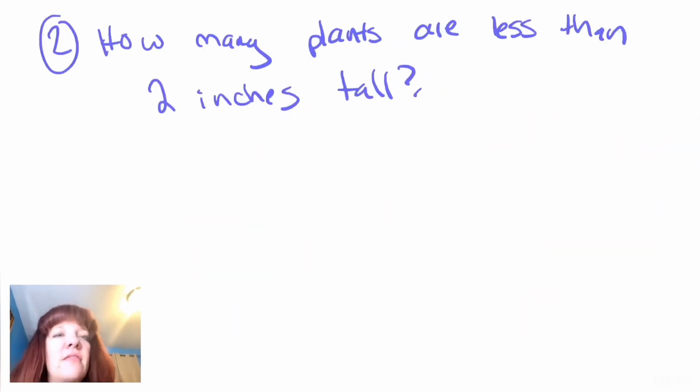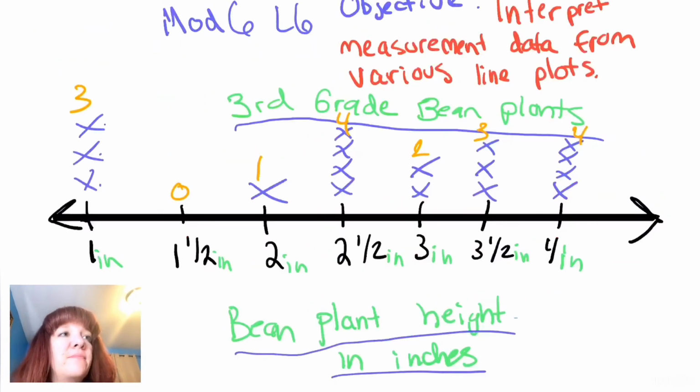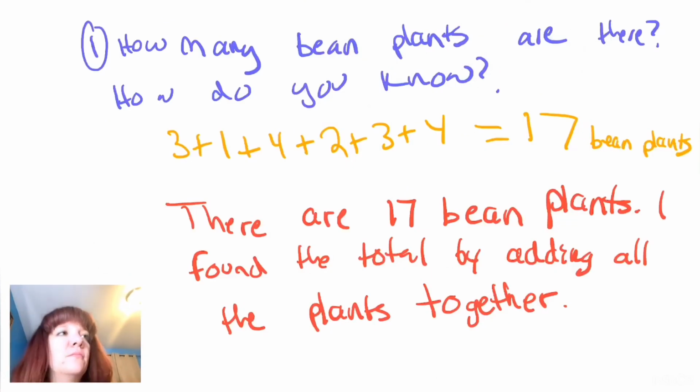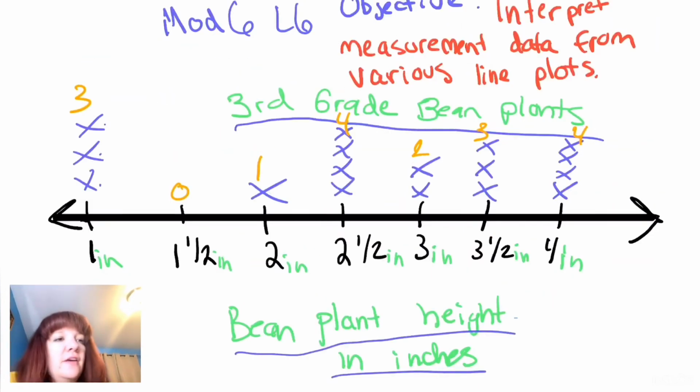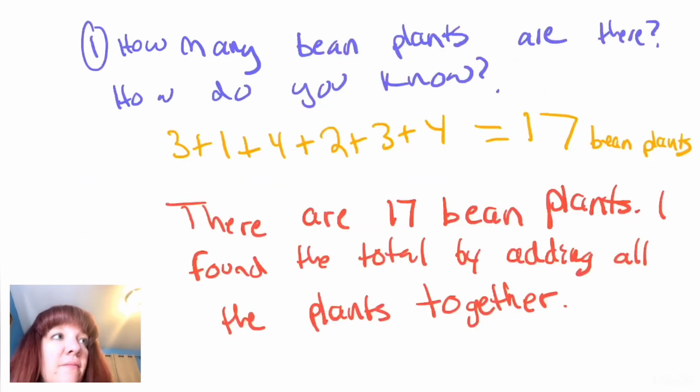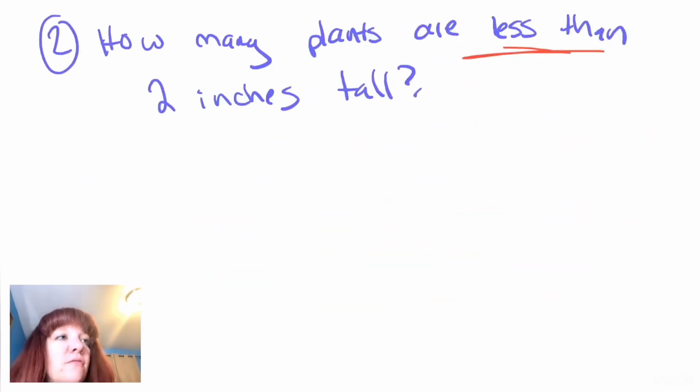Let's look at the next question. How many plants are less than 2 inches tall? So we want to go back to the graph and look at 2 inches and below. So you don't want to count the one that's 2 inches because the question is asking for plants that are less than 2 inches tall.